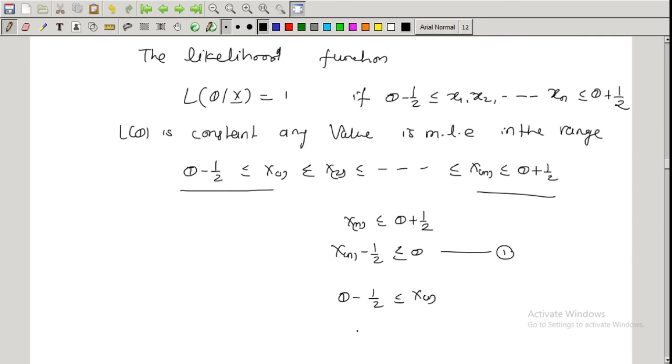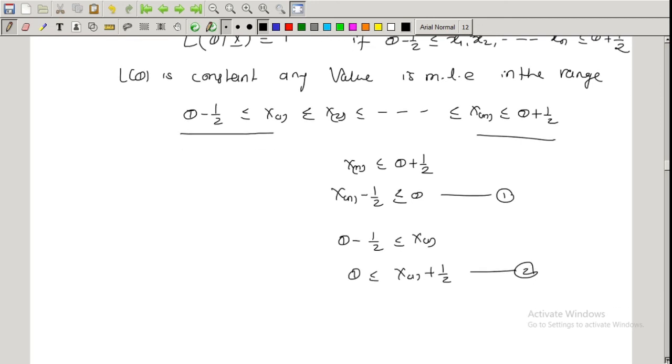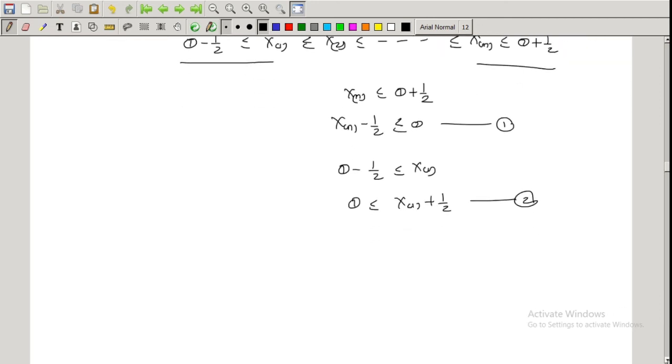If I take this term to this side, theta is less than or equal to x order 1 plus 1 by 2. Equation number 2. So from equation 1 and 2, we can write x order n minus 1 by 2 is less than or equal to theta is less than or equal to x order 1 plus 1 by 2.